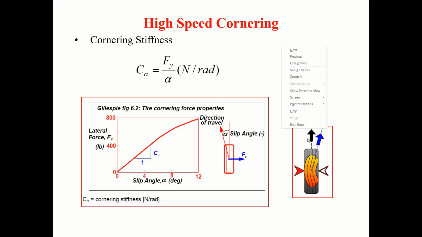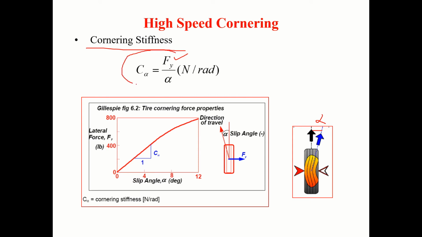Now let us define cornering stiffness. Here Fy is the lateral force that is acting, alpha is the tire slip angle. This ratio we call the cornering stiffness of the tire. So you see here there is lateral force Fy versus slip angle alpha, and this characteristic is drawn.